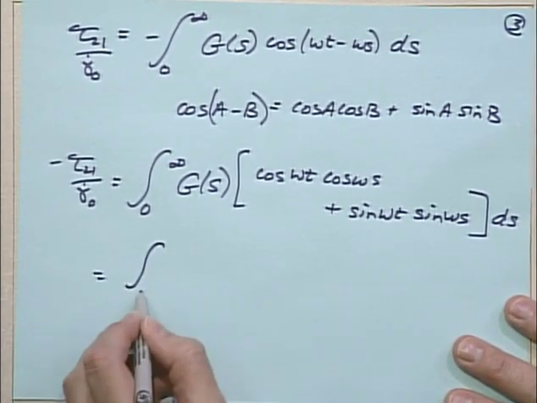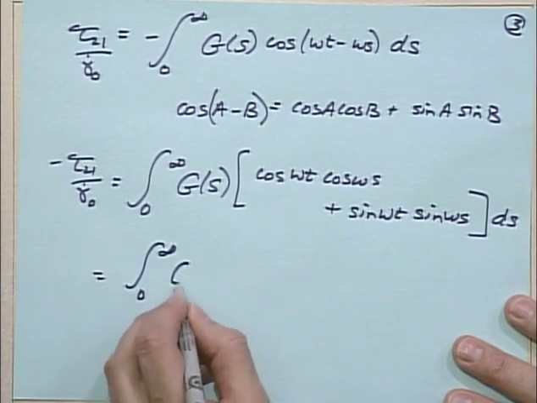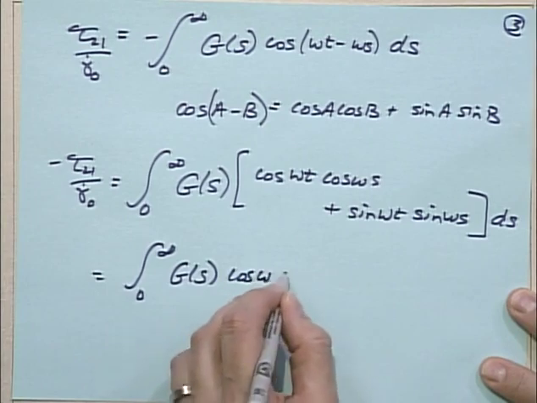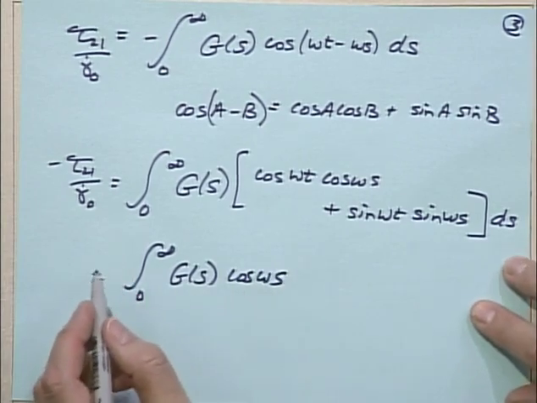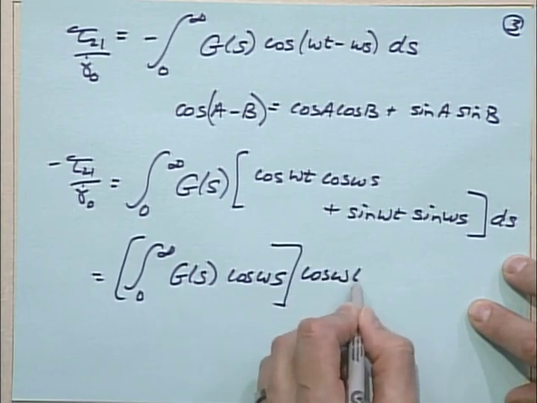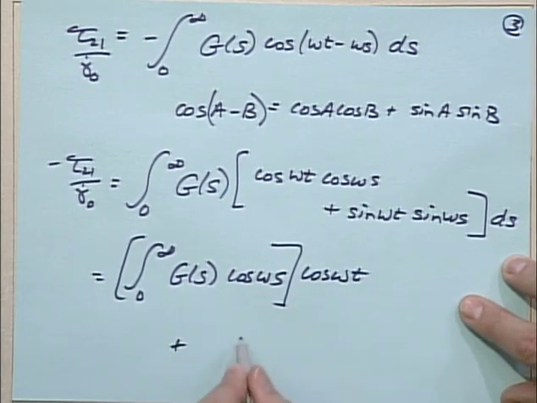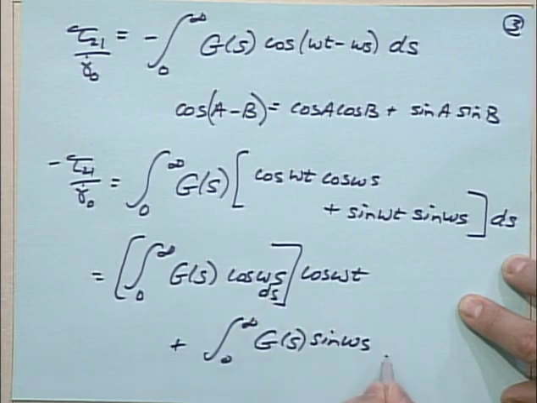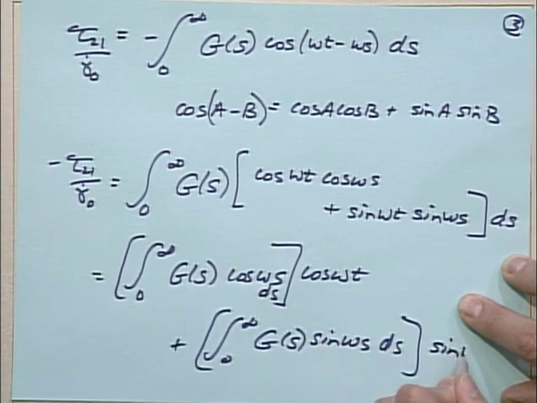So I have the integral from 0 to infinity of g of s cosine omega s, and that's times cosine omega t, plus the integral from 0 to infinity of g of s sine omega s ds times sine omega t.